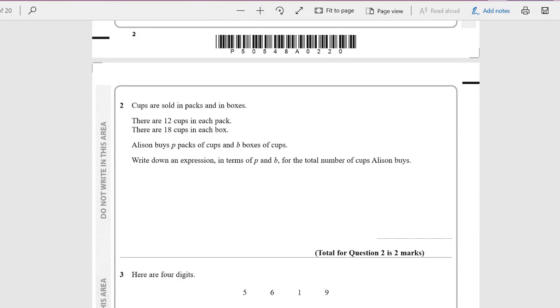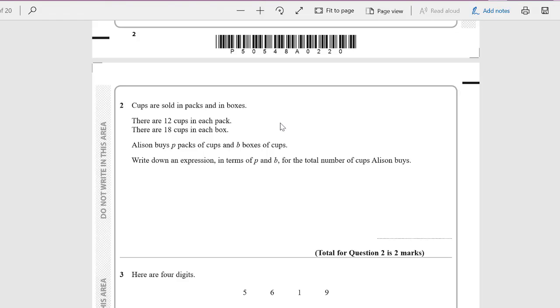Question 2. So cups are sold in packs and boxes. There are 12 cups in each pack and there are 18 cups in each box. Alison buys P packs of cups and B boxes of cups. Write down an expression in terms of P and B for the total number of cups Alison buys.